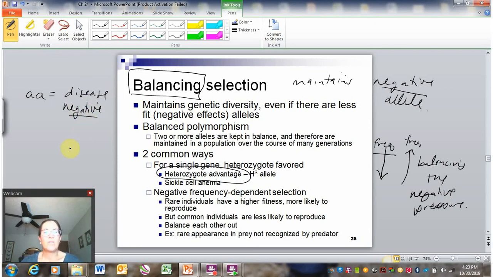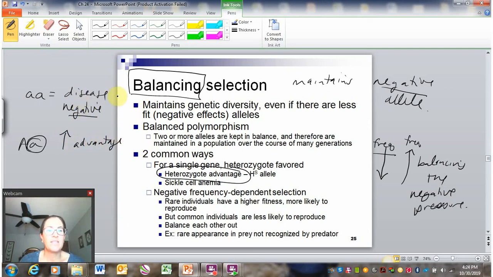So normally you would expect that the negative allele frequency would be lowered by the really negative effects it has on health. But the heterozygote, the individual carrying one of those recessive alleles, actually has an advantage.